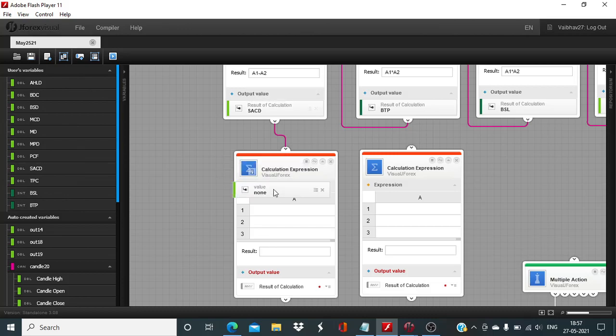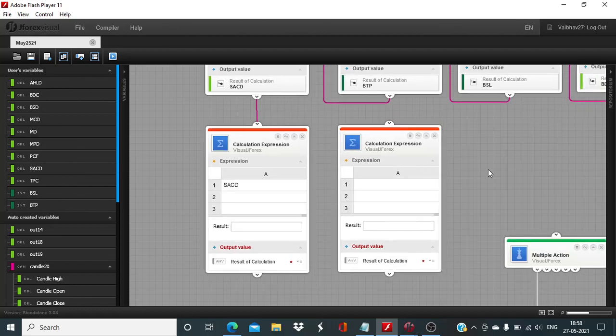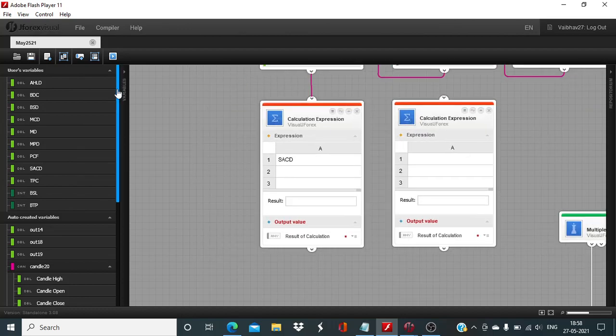And this difference will need to be converted in the integers to be utilized as a stop loss level.